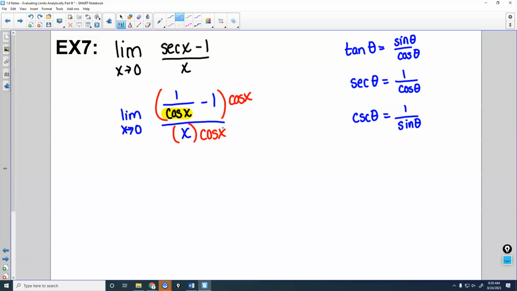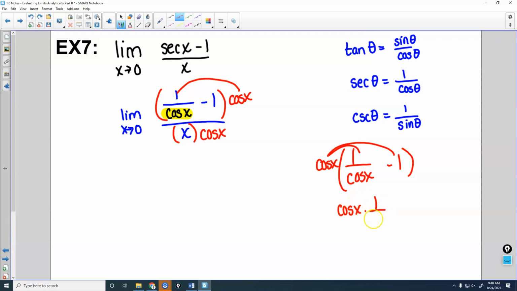The reason that I'm doing that is because when I'm doing this over here, I'm doing cosine x times 1 over cosine x minus 1. Right, I'm distributing here. So that's going to be cosine x times 1 over cosine x minus cosine x.